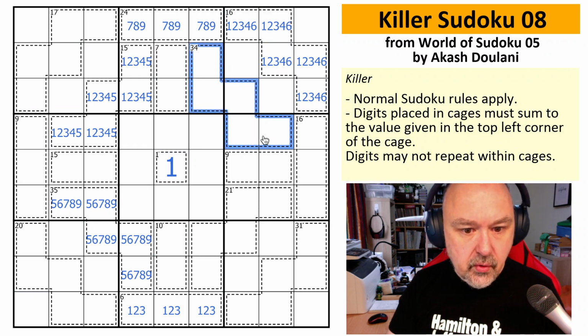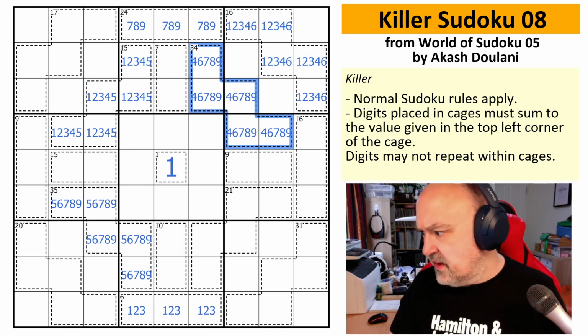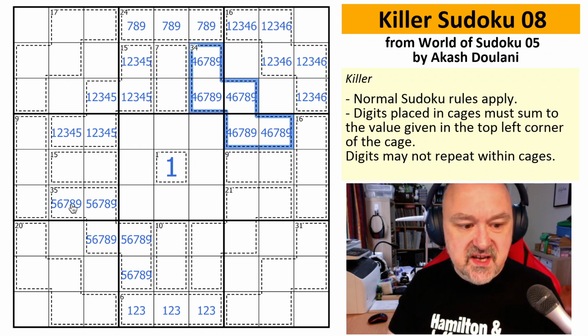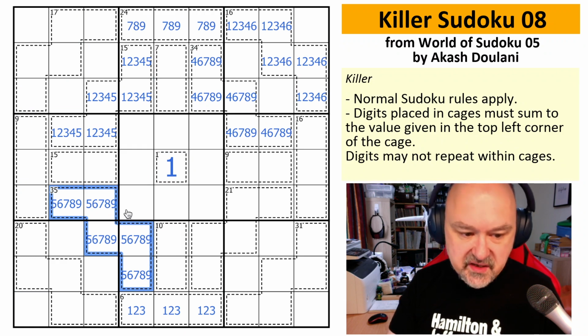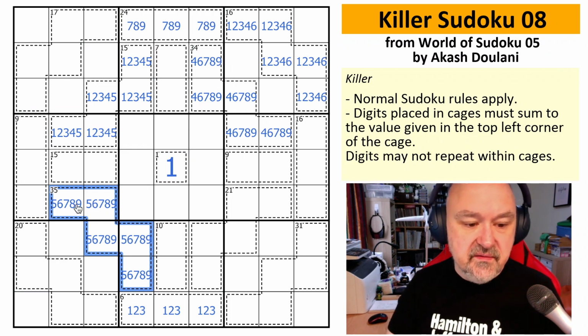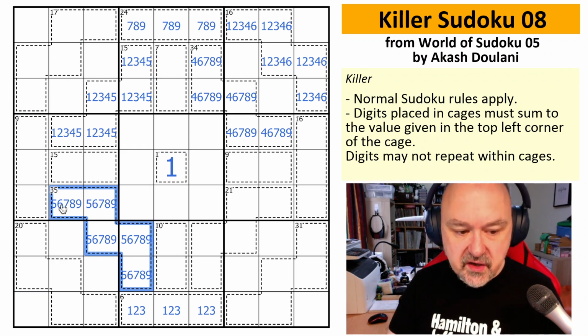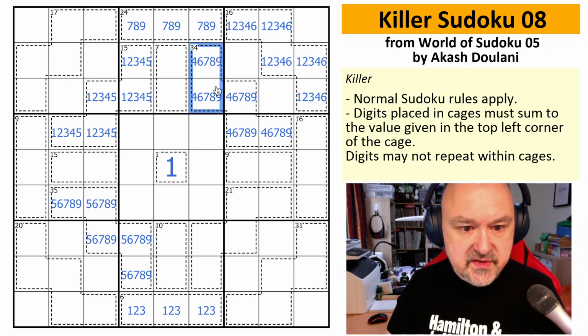Yeah, this 34 can only be 4, 6, 7, 8, 9, if I remember correctly, because of the same thing. You can only reduce one of these numbers by 1. If you reduce the 9 to an 8, then you've got 2 8s in the box and they'll fight, and it's very, very messy. Whereas if you reduce the 5 to a 4, it's the only way to do it. And if you reduce the 5 to a 3, you've reduced it by too much. So those are kind of given.